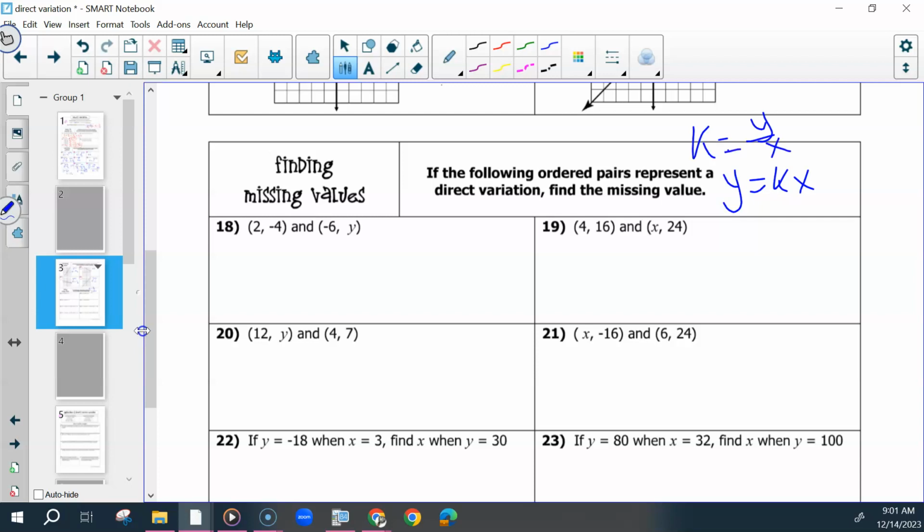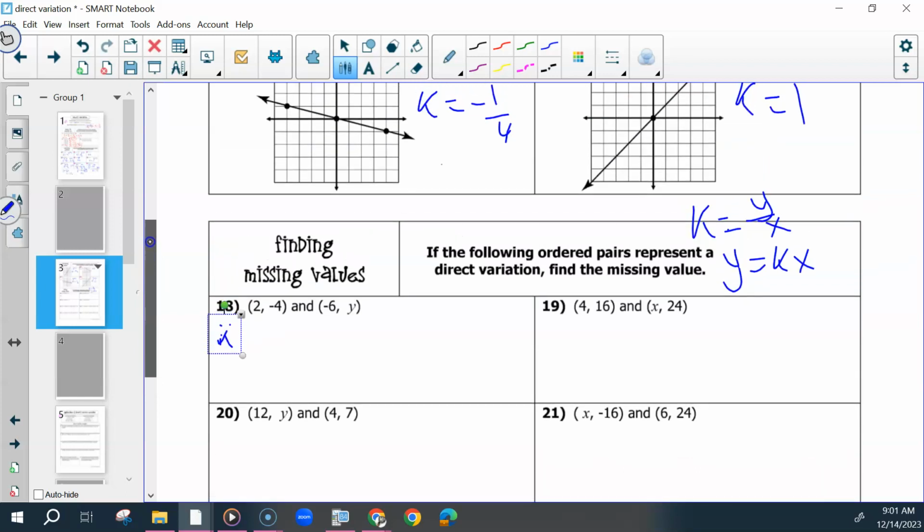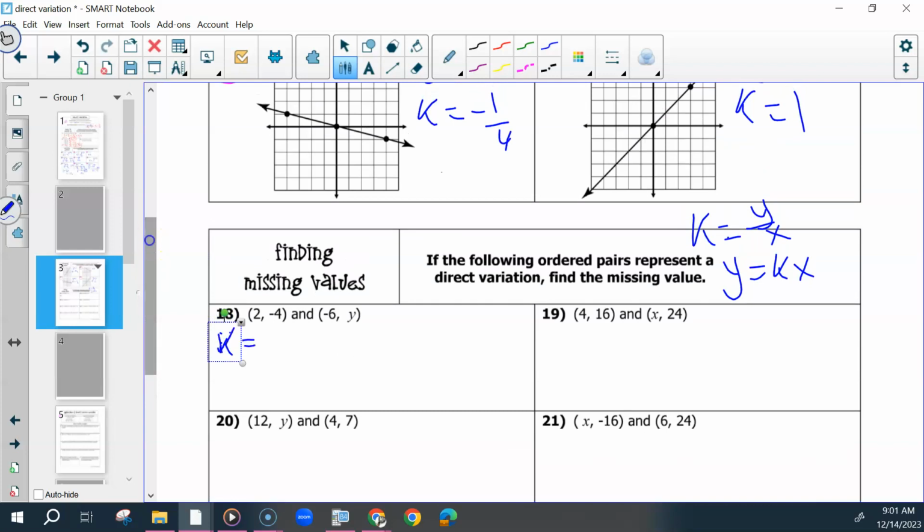So in this, we have a y and an x given. So we can divide these two to find k, so that our k value would be -2. Then we're going to use the other ordered pair in our equation to figure out whatever's missing.